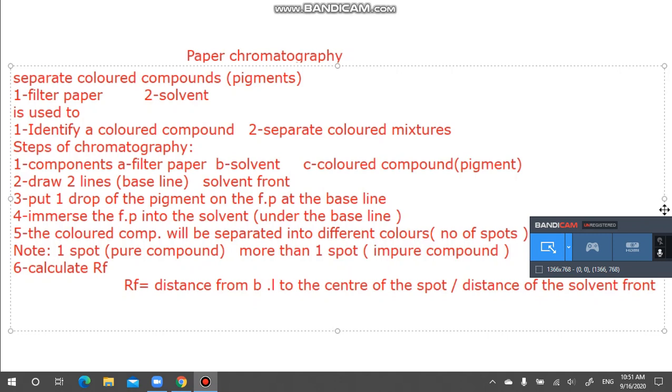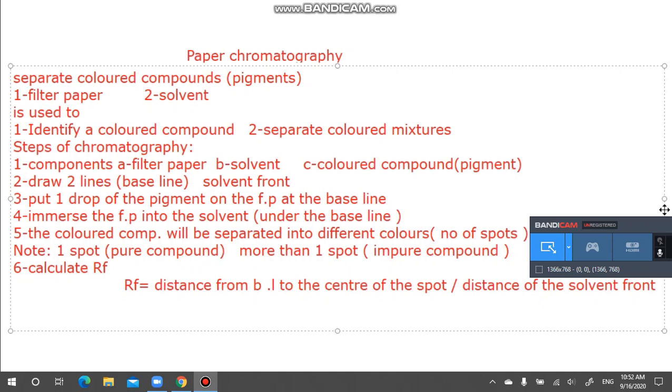Again, because this definition is not in your book. The solvent front is the distance from the baseline until the highest point that the solvent will reach. What is the distance of the solvent front? Until the highest point, okay? I can't hear you well.